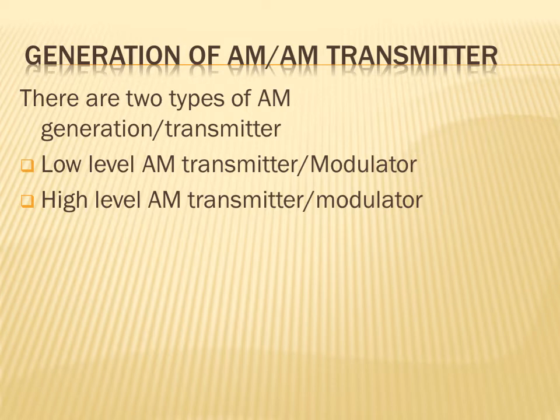There are two types of AM generation: the low level AM transmitter, modulator or generator, and the high level AM transmitter, modulator or generator. We will see the low level first, then the high level, and then the difference between the low level and high level.